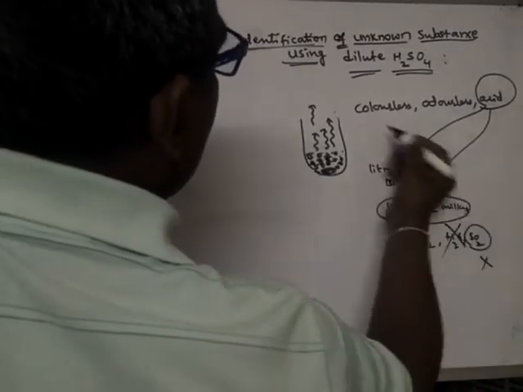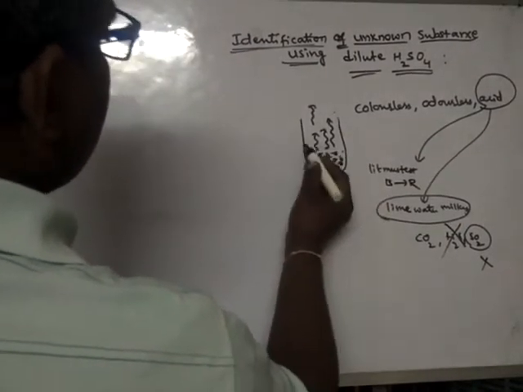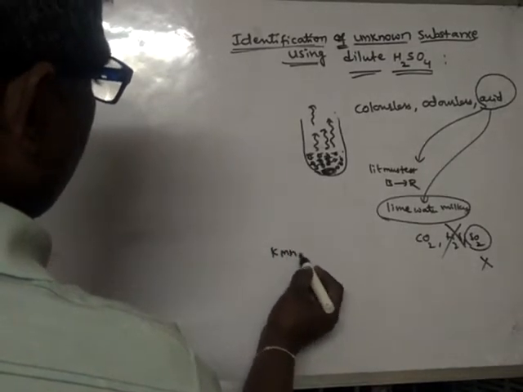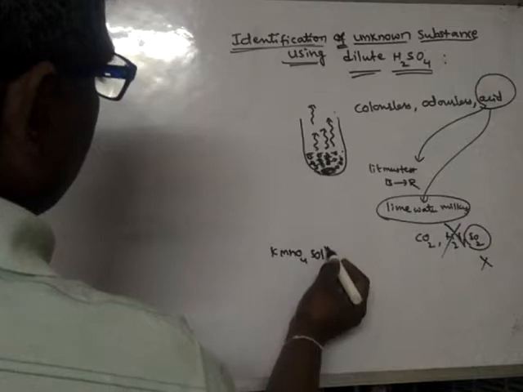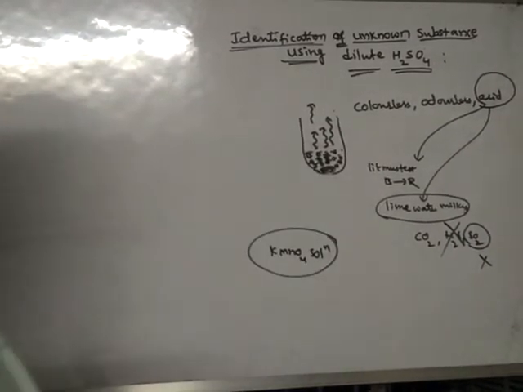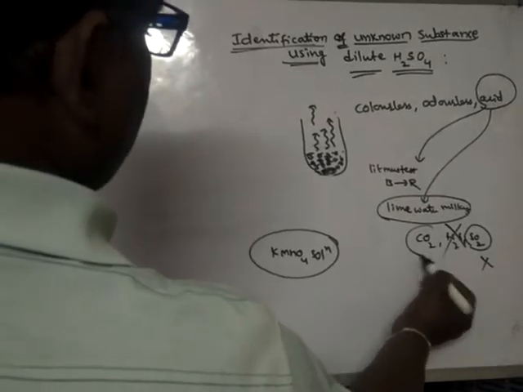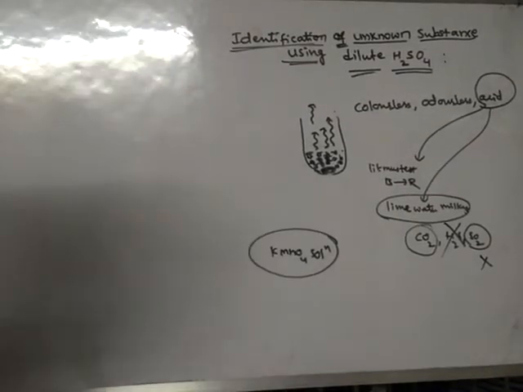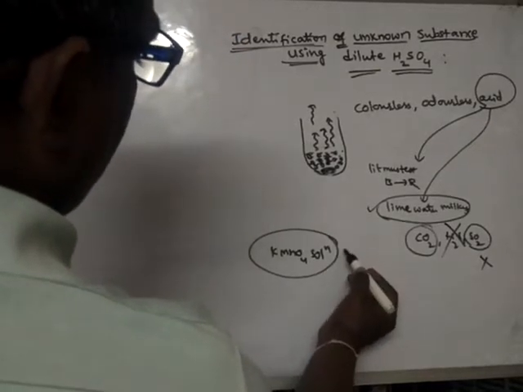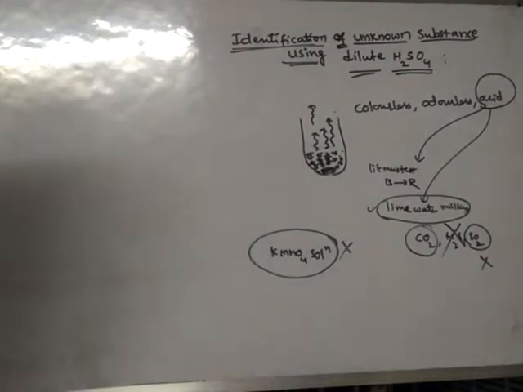For further confirmation, this gas is made to react with KMnO4 solution. It is unable to change the color of KMnO4 solution, whose color is purple or violet. So from this it is understood the gas is carbon dioxide, because carbon dioxide changes lime water milky but does not change the color of KMnO4.